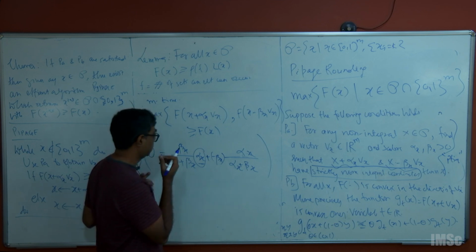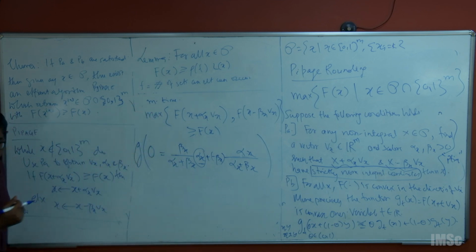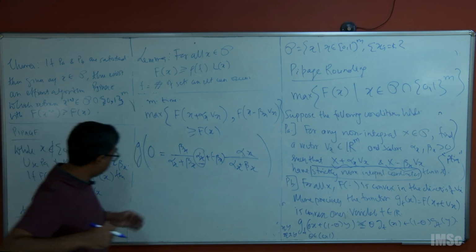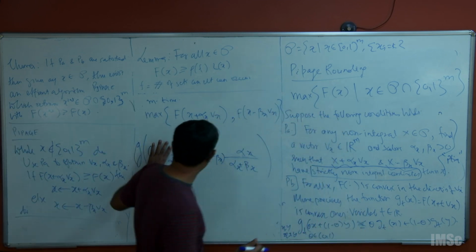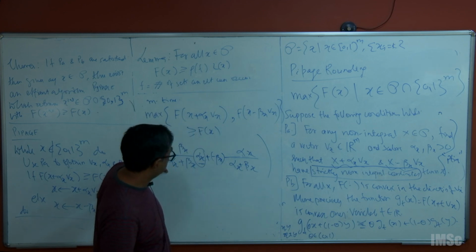Why will the convex function not work for this? You will need the two vectors x and y. Alpha x and beta x are scalars. But this is a point, no? It's not a point.